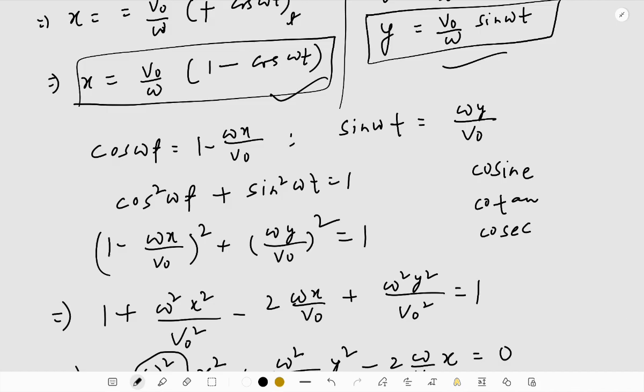So its x and y coordinates are varying sinusoidally, and if the position of an object varies sinusoidally, then the motion is called sinusoidal motion, or in physics textbooks, simple harmonic motion. The term simple harmonic motion refers to sinusoidal motion.